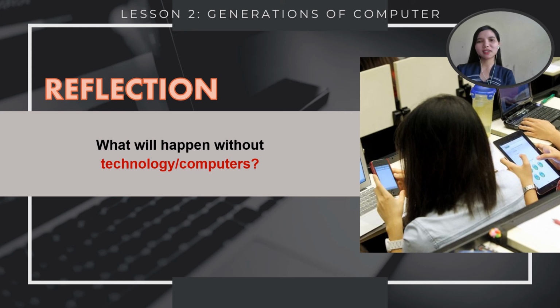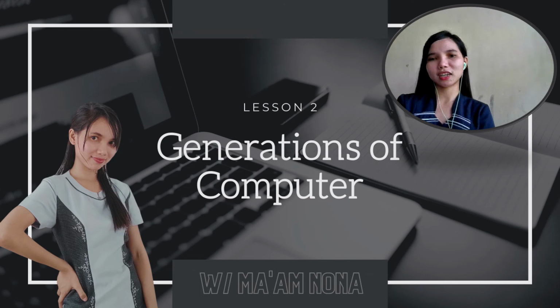We would have no group chats with our family, friends, teachers, and classmates, and of course, no online class. Simply, you cannot enroll in any courses without the aid of technology. So technology is very vital nowadays, especially in this pandemic.